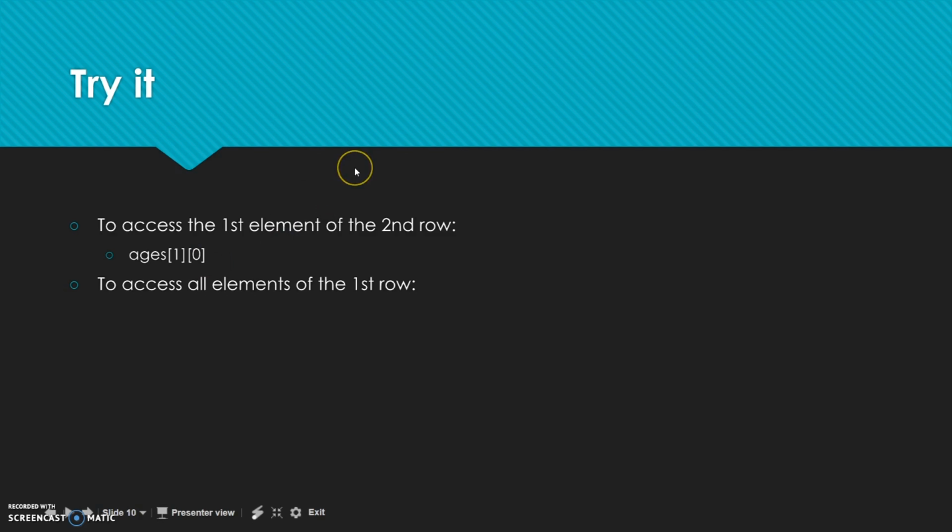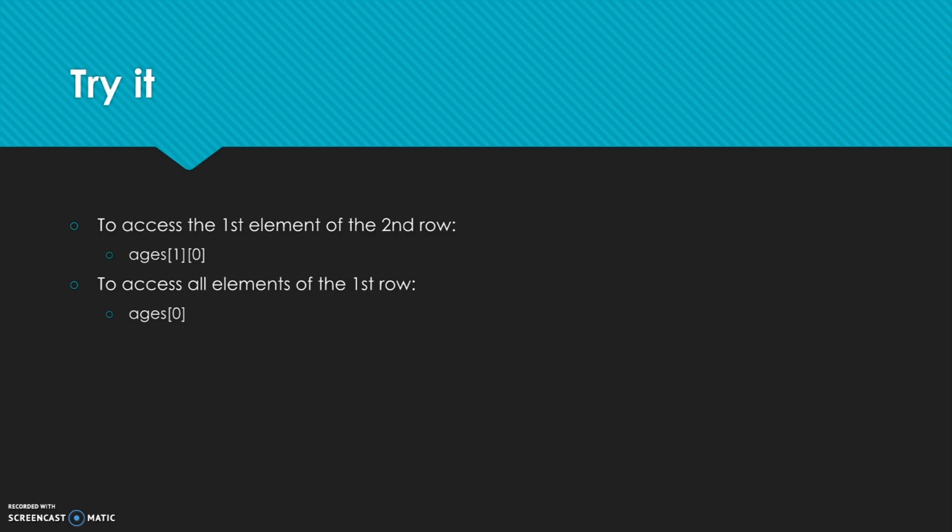Now let's write something a little more complicated. How to access all the elements of the first row. So this is the one-dimensional array, which is considered the first row, which is a hint. Write it on your whiteboard. So here's what you should have come up with.